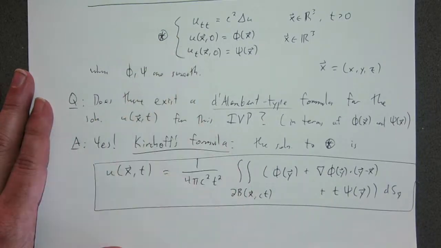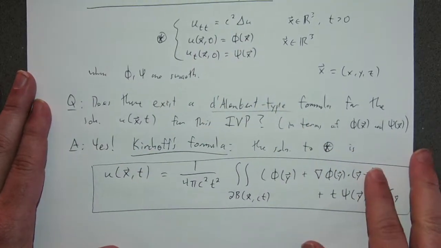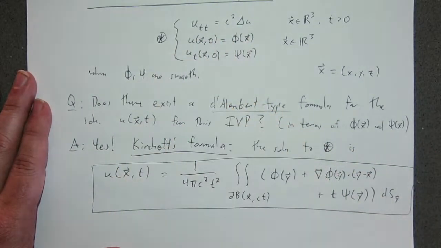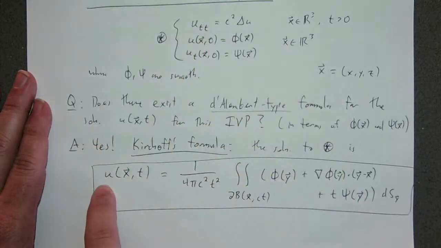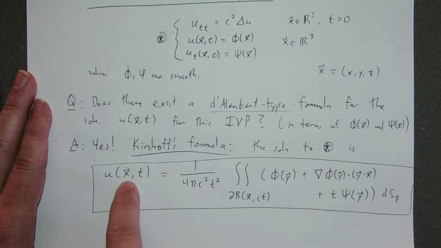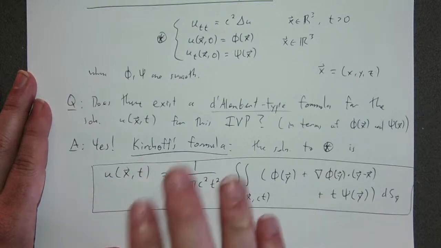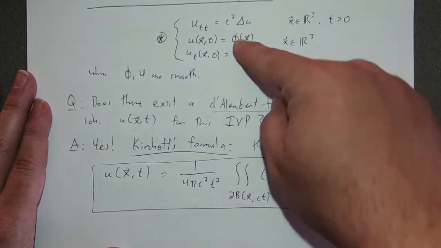I have an initial disturbance, an initial signal, in 3D now. If I want to think about the propagation of this, the displacement u at position x at time t, so think about those being fixed, can be determined entirely from the initial data phi and psi.